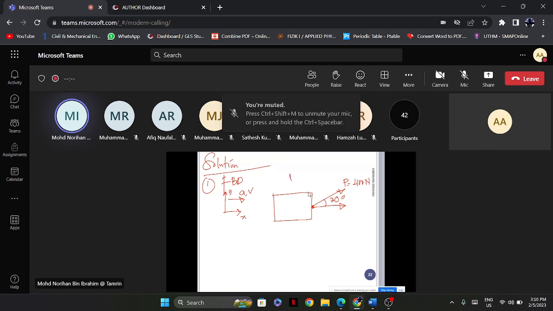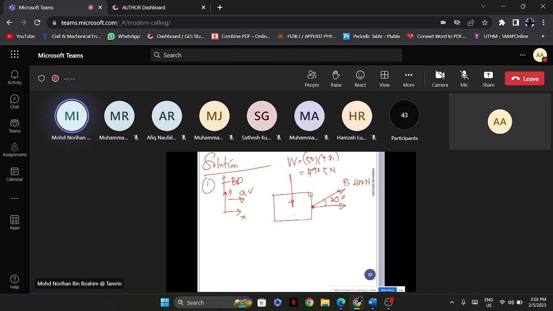So we need to consider also it gives you the mass of the crate, which is equal to 50 kilogram. So W is equal to mg, m is equal to 50 multiplied with 9.81, and is equivalent to 490.5 Newton.